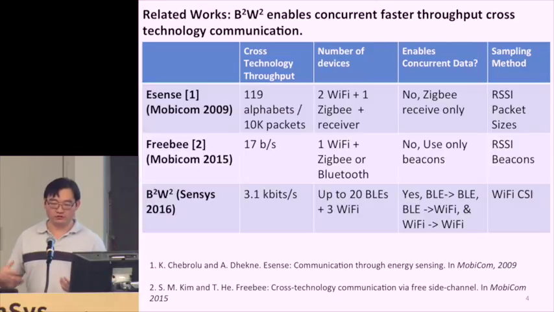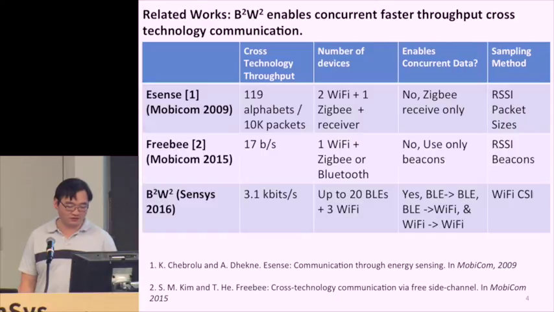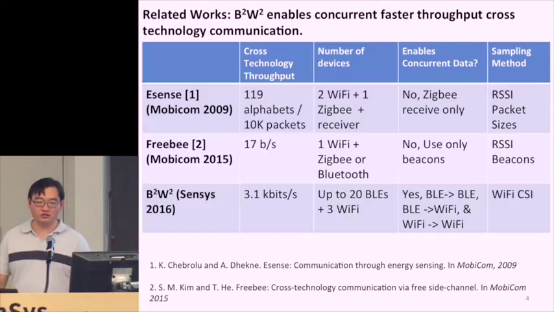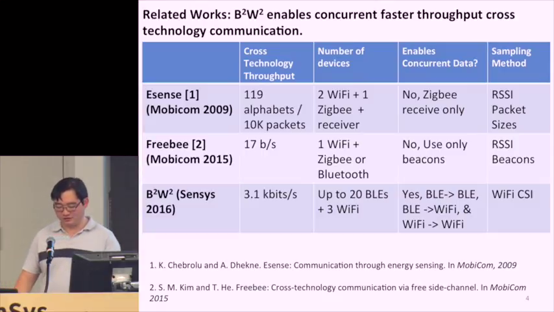Your Bluetooth device, of course, can sample the length of that Wi-Fi packet, and hence they were able to transmit alphabets. The other one is Freebie. I think someone from this paper is president of this conference. What they did is use Bluetooth and Zigbee to measure the distances between beacons, and by measuring that distance, they were able to basically transmit bits. So basically they modulated the beacon rate.